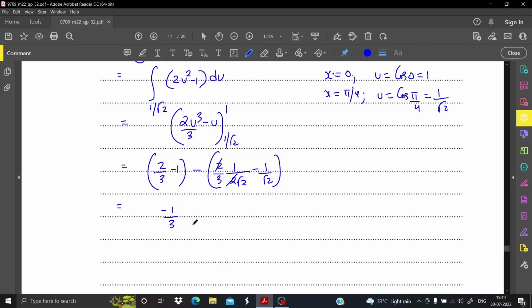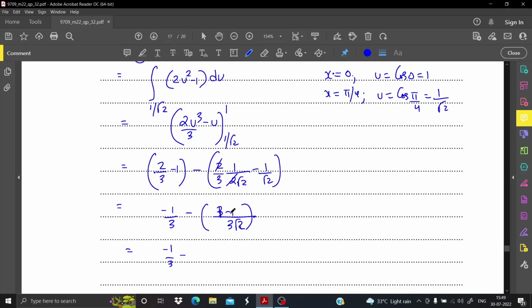So minus 1 by 3, minus, here we have 1 by 3 root 2, and you get a 3 minus 1.